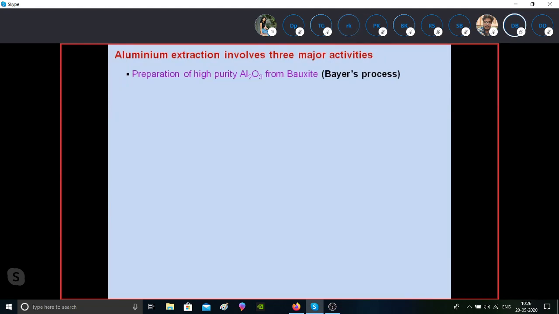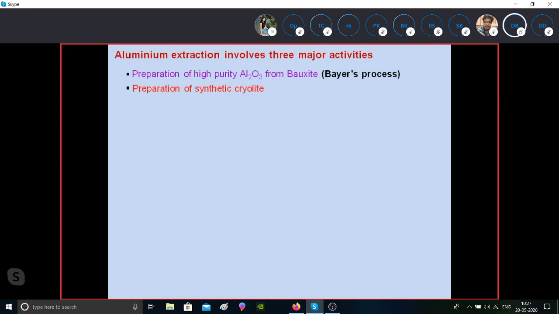Now, the second stage is preparation of synthetic cryolite. Why, we will come to that. It is a special type of electrolyte we need to prepare, which is cryolite, 3NaF·AlF3. We need to prepare that synthetically.